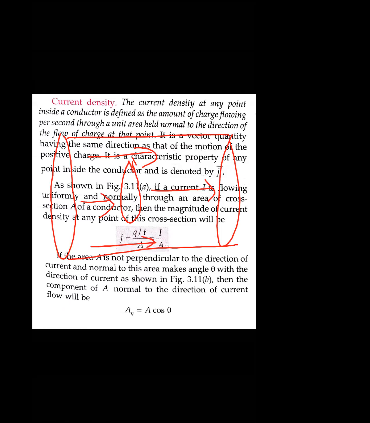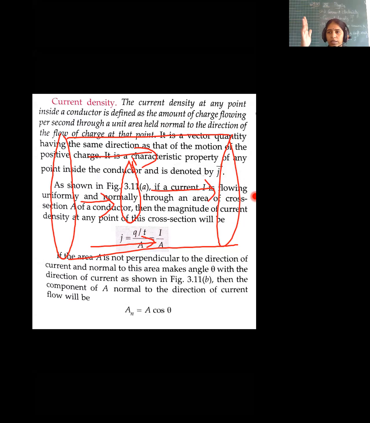The area of the cross section is like this and the direction of current is like this, from left to right. So the cross section and the current are at 90 degrees to each other.